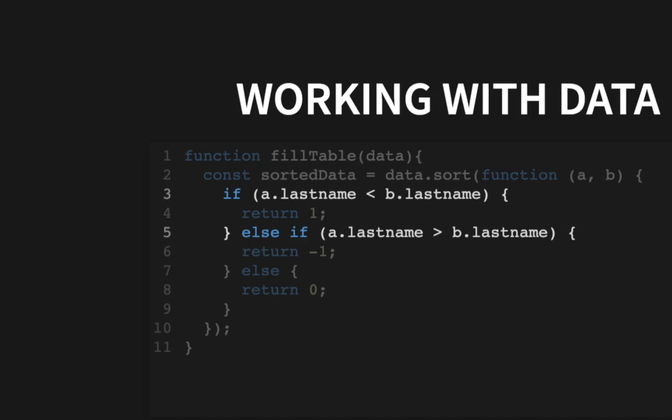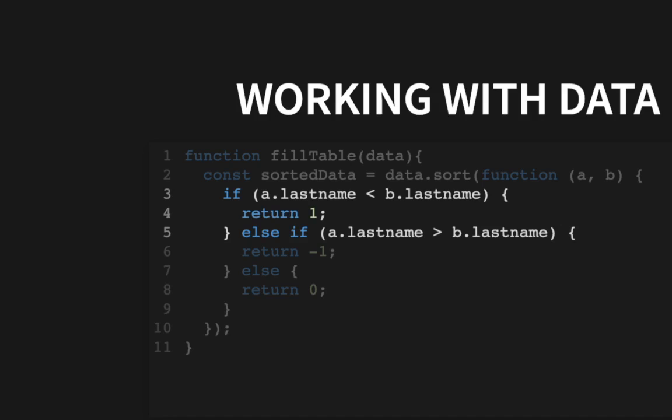So we just have to check. In JavaScript, you can do this less than with strings. In C, it breaks. You need to call a special function. In JavaScript, the less than and greater than operators are defined over strings, so it works just fine. So if A last name is less than B last name, so if the first last name is less than our second last name, we return 1, which means we're fine.